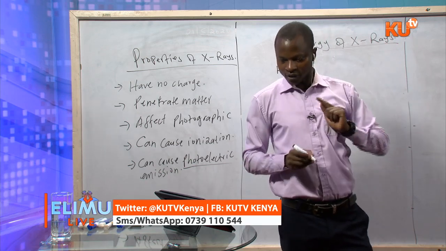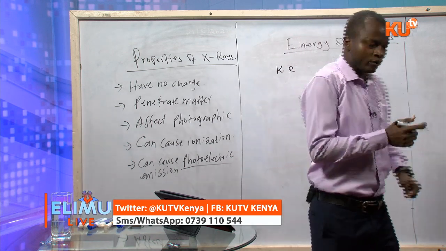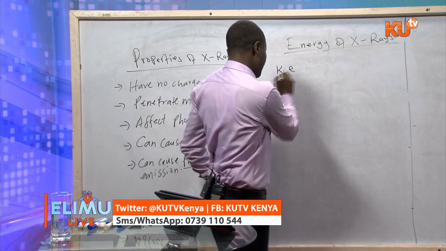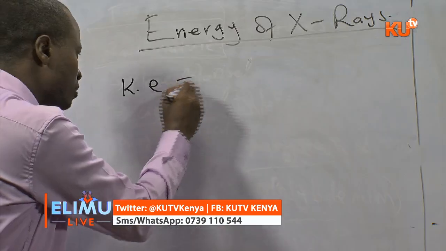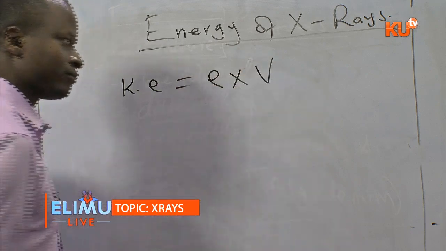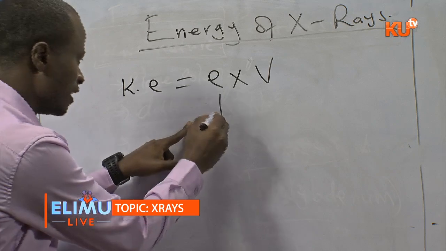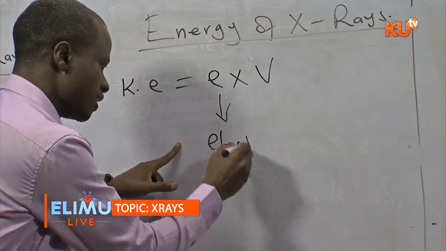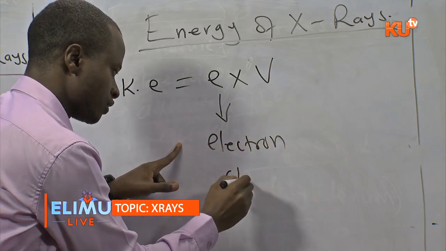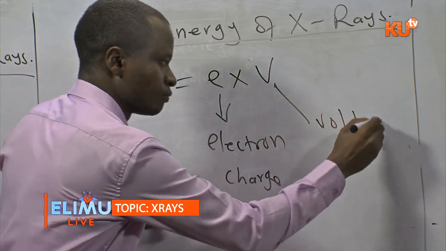Therefore, in other words, you realize that the kinetic energy of a bombarding electron will be equivalent to the electron charge times the voltage. So we shall say K is equal to eV, where e is the electron charge and V is the voltage.